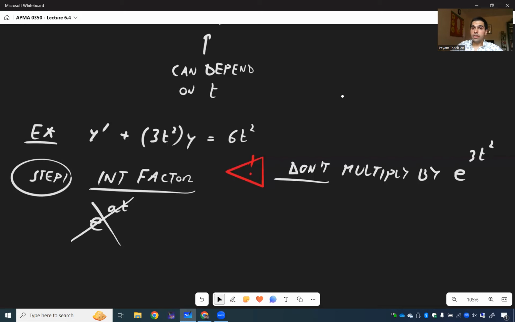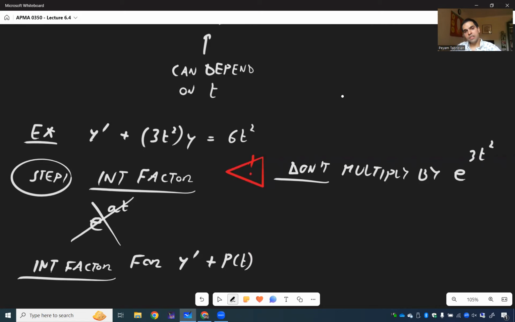However, the integrating factor is not too far off. So here's a general formula, which I'll prove in the next video. For y prime plus p of t y equals f of t, you multiply by, it's still e to the something, but in this case, e to the antiderivative of p of t.